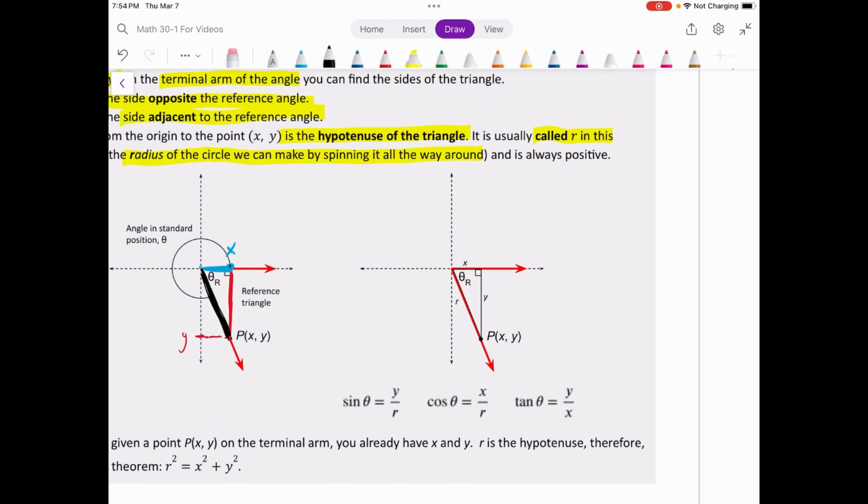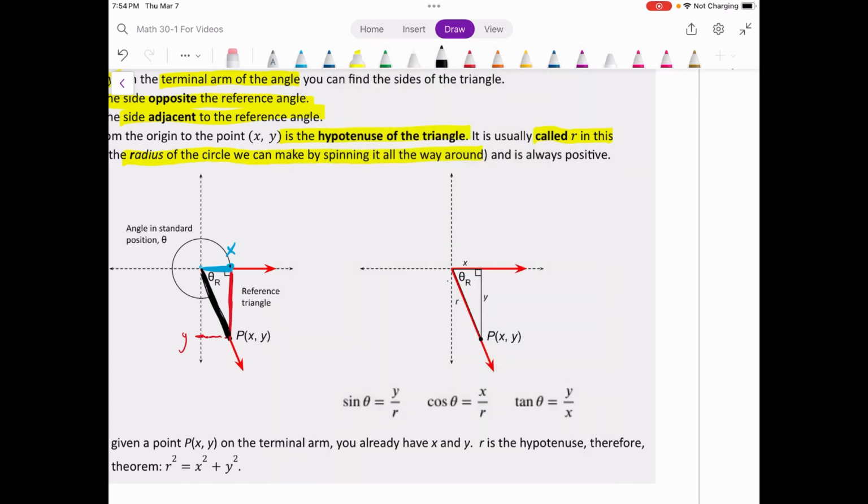Do you see where these ratios are coming from? Sine of our reference angle is going to be equal to y over r. But that's just saying opposite over hypotenuse, right? We often, when we're working in standard position, swap out adjacent and opposite and hypotenuse for x, y, and r, because remember, this is all happening on the Cartesian plane, and that can become a quicker and easier way to think about it often, right?